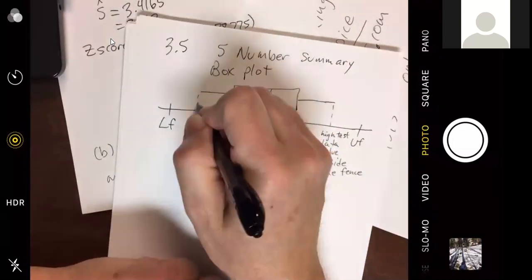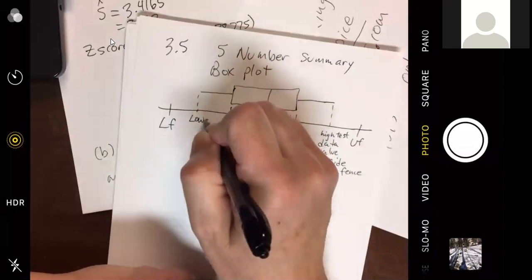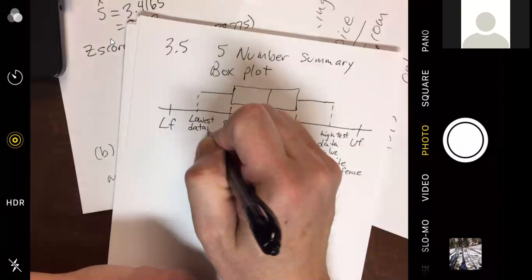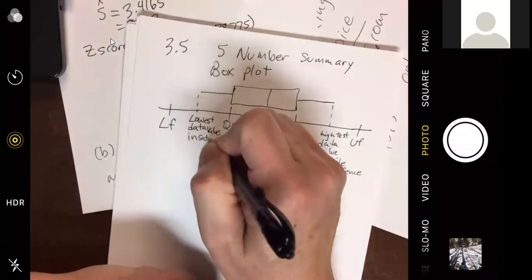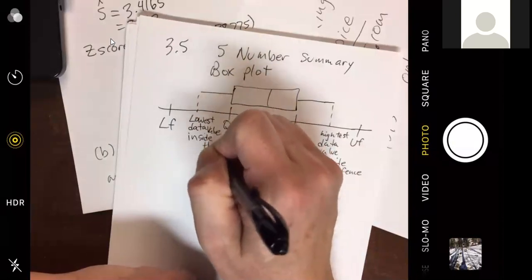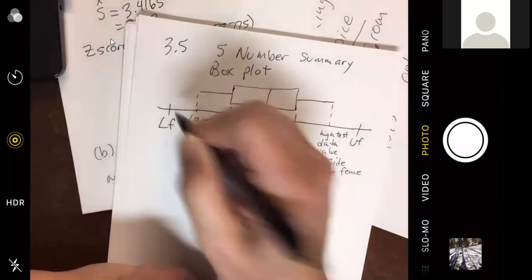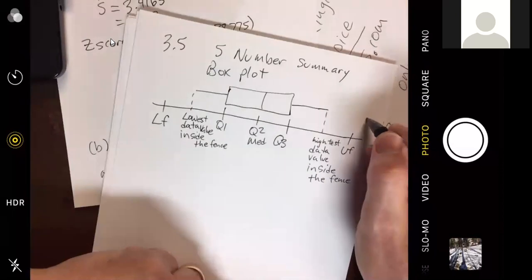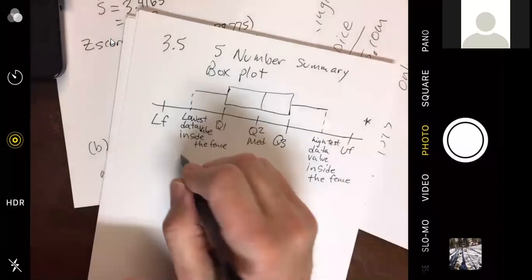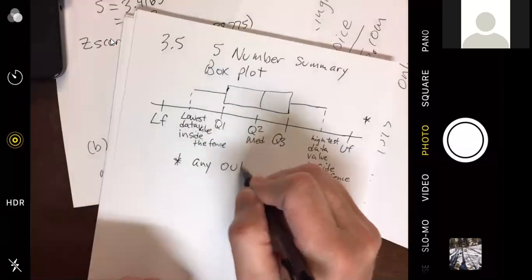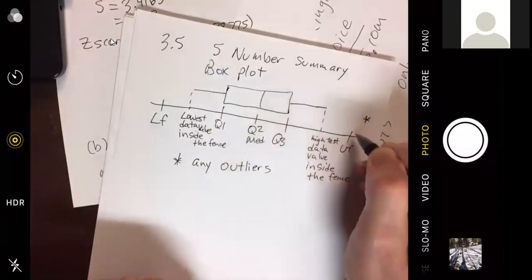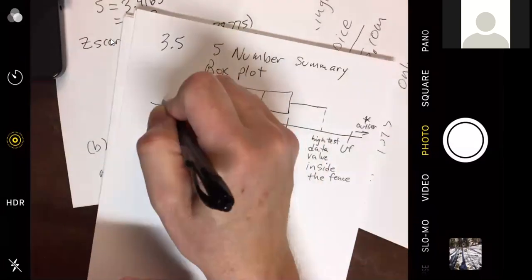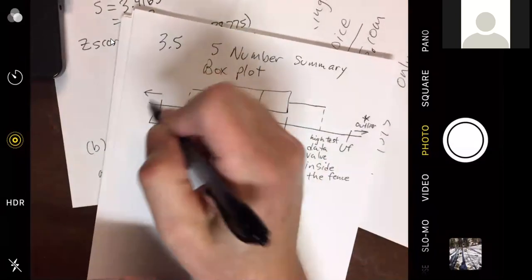And this goes to the lowest data value inside the fence, or greater than this lower fence. Star any outliers. That way, outlier. That's the best summary I can give of a box and whisker plot.